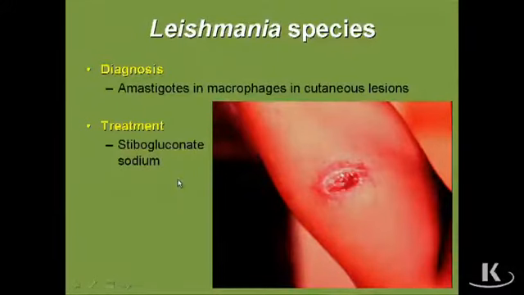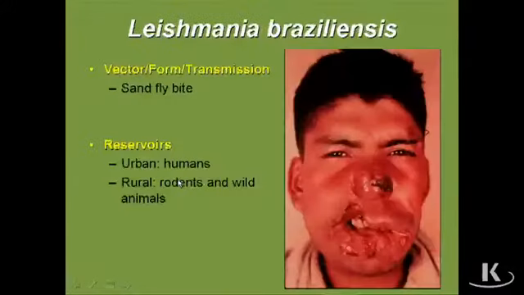Now, by far the most severe leishmaniasis is mucocutaneous leishmaniasis. And the species associated with mucocutaneous leishmaniasis is Leishmania braziliensis. Mucocutaneous leishmaniasis, as you can see in this image, completely restructures the face, the hard and soft palate.